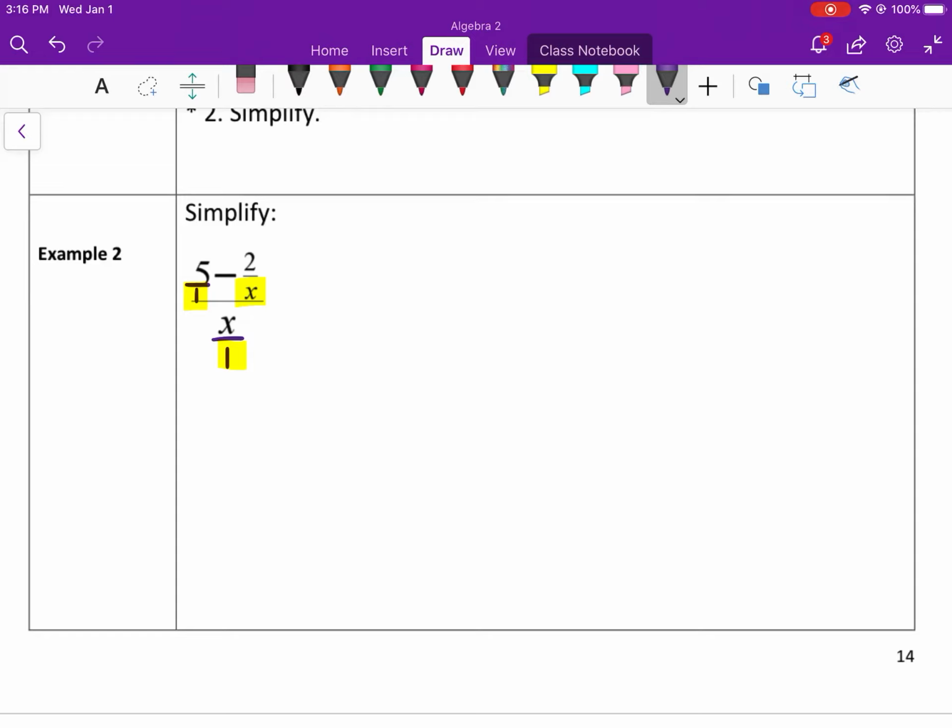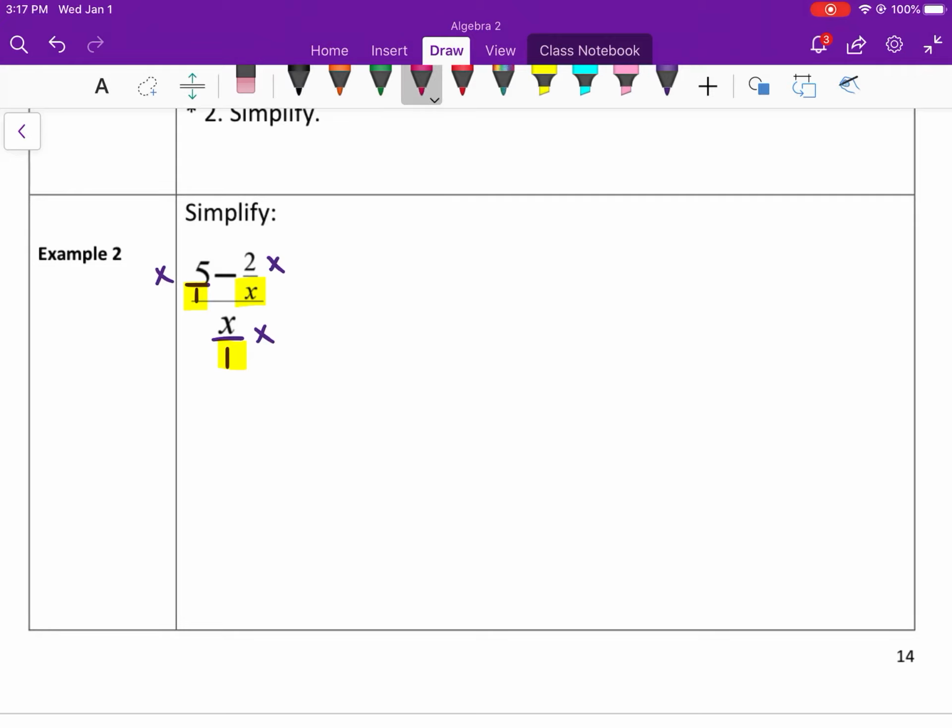So if I take and I multiply everything by a 1x, and then I should be able to simplify it.